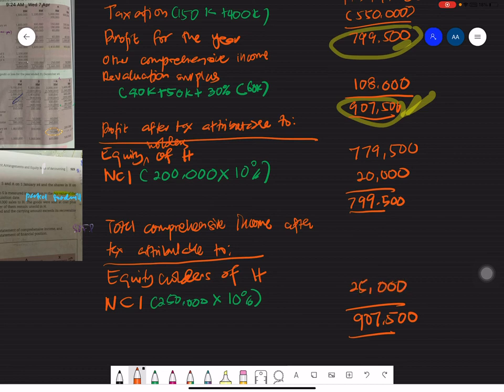So the remaining will be owned by the equity holders of H, which you just take as the balancing figure, 882,500. Okay.